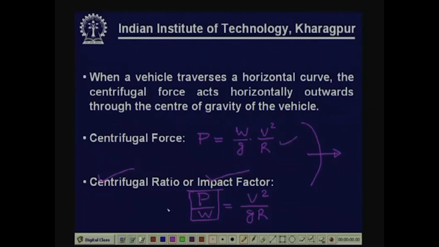This ratio P by W, the centrifugal ratio or impact factor, equals v square by g r, where v is the design speed of the vehicle, g is acceleration due to gravity and r is the radius of the circular curve.